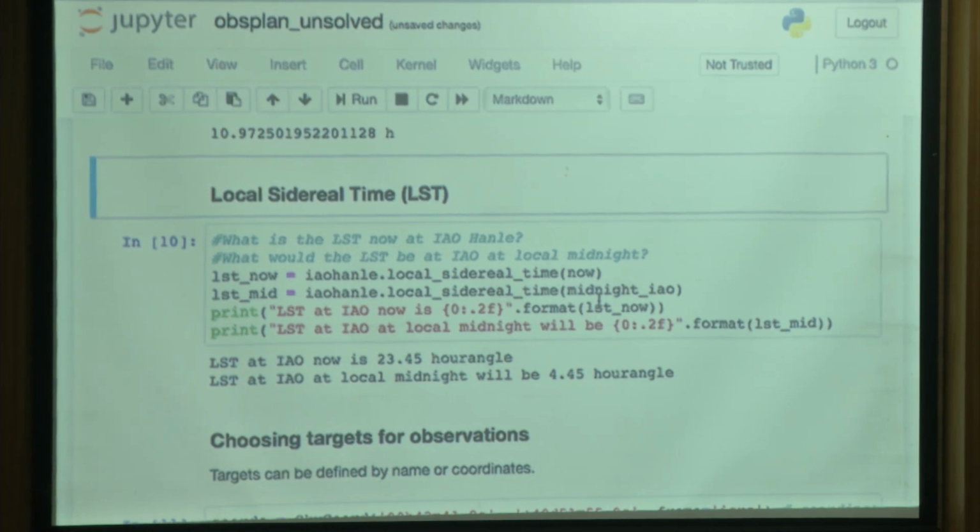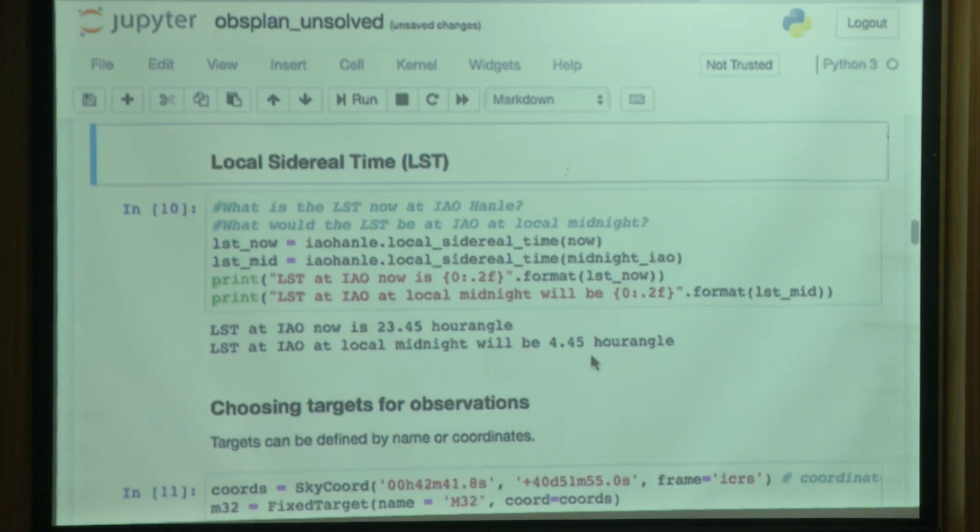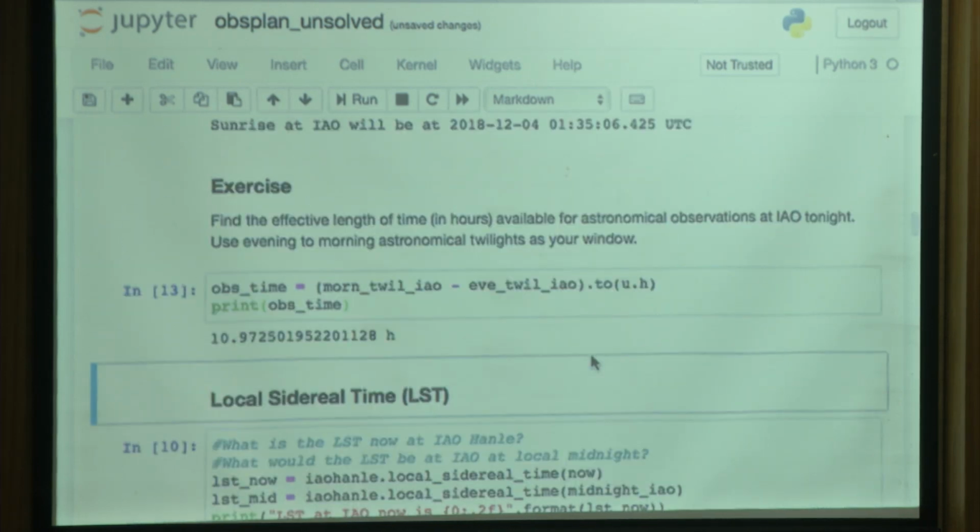So now we come to the local sidereal. What if we wanted hours, minutes, seconds? What is the command for that? I guess you could do a u dot HMS. You can try that.